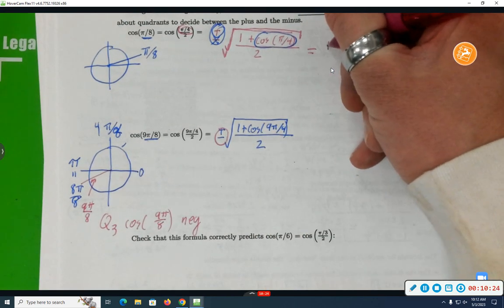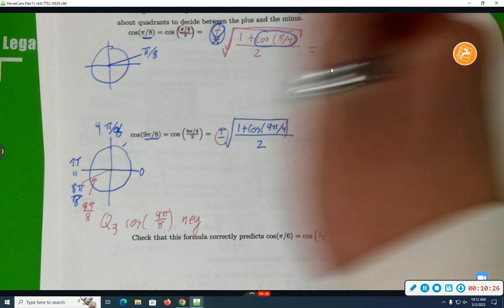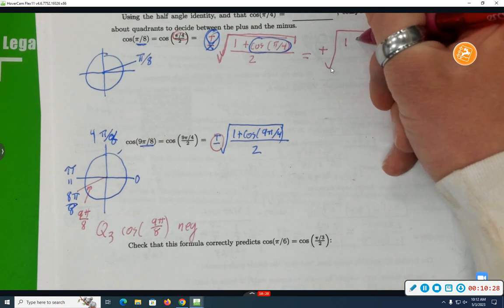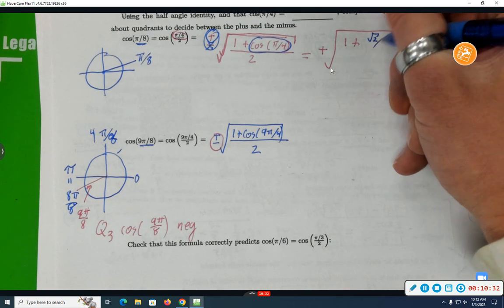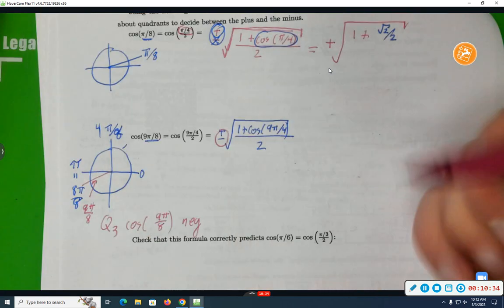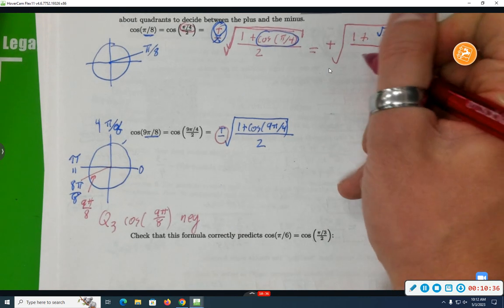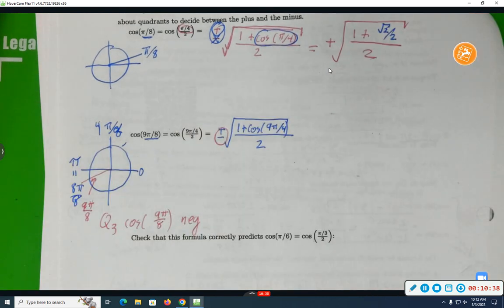That'll give me plus the square root of 1 plus square root 2 over 2, all over 2. And at that point, the trigonometry itself is done. But we should probably simplify this answer.